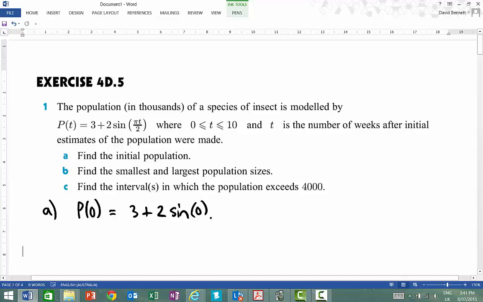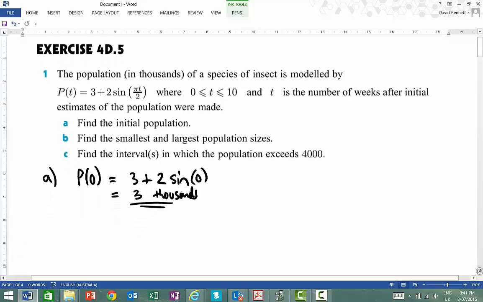Now what do we know about sine of 0? Well, that's going to be equal to 0 itself. So therefore the initial population is going to be 3, and it's 3,000, because that's the units that we're using there. So we've got 3,000 insects starting off.